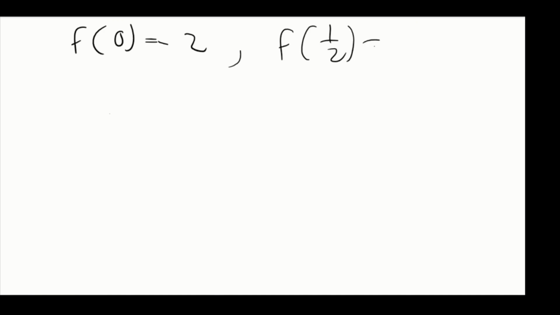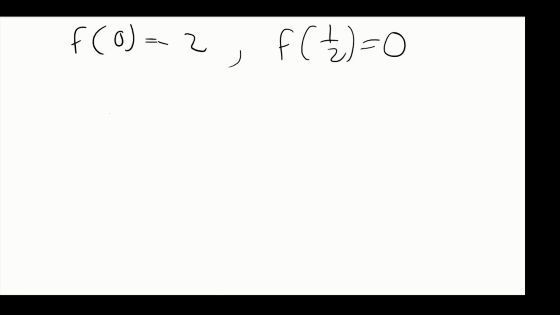So we are told that f of 0 is equal to minus 2, so this is the y-intercept, and then we're also told that f of 1 over 2 is equal to 0. So this is the x-intercept, when y is equal to 0, right?